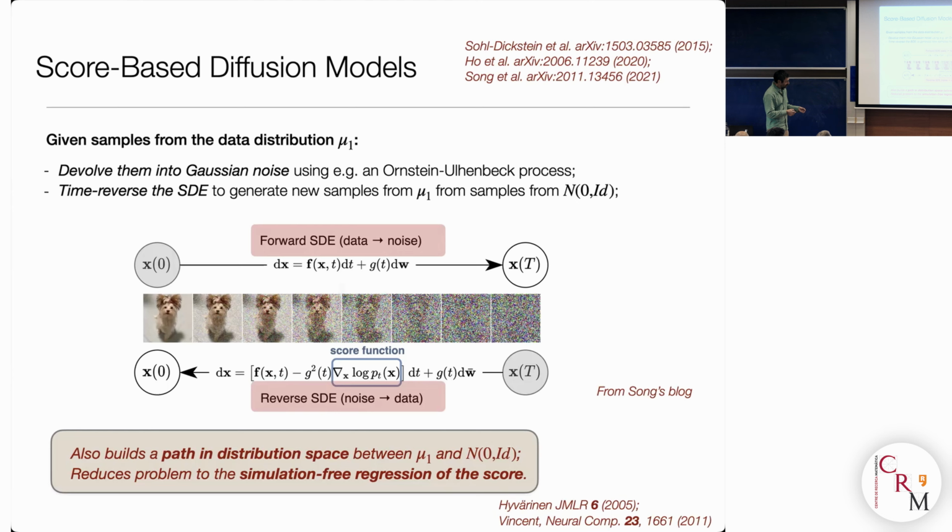You have seen this figure now, pretty much, many talks are using it. It's from Song's blog. This was the original breakthrough, where what people did, following work by Sasha Dixon and others, is that you take your data, you noise them by passing them, for example, through an SDE, and then you can time reverse this SDE, provided that you learn the score, which allows you, instead of going from the data to the noise, to go from noise to data.